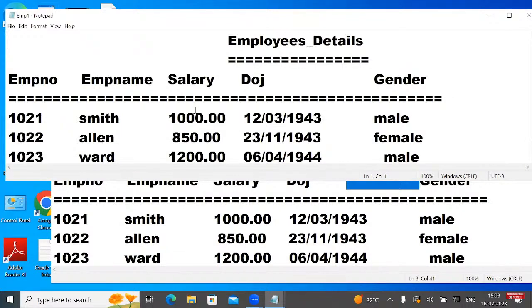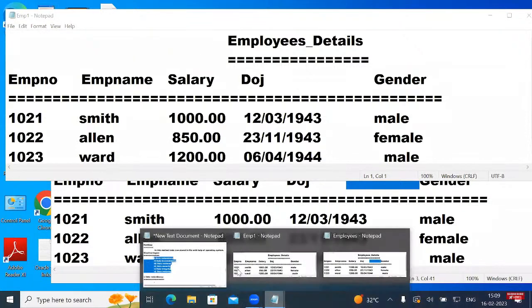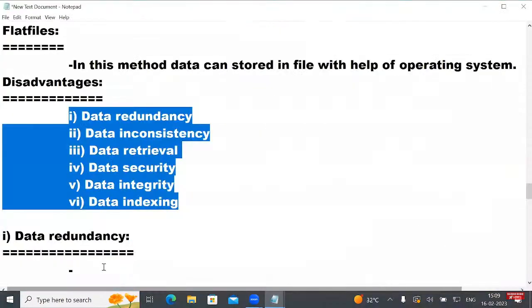How many times can you store the same information in any number of files in the computer? Hundreds of files you can store and your computer will accept them without giving any error. This is one of the biggest problems. This is called the data redundancy problem. Got my point? Yes. So that's why we are saying here, data redundancy. Write it down below.